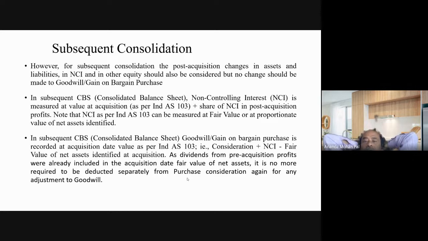At the time of finding goodwill, you took the fair value of net assets, and whatever dividend was subsequently declared from pre-acquisition profits was already in that fair value.